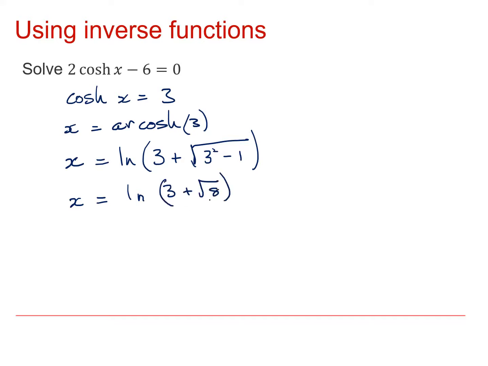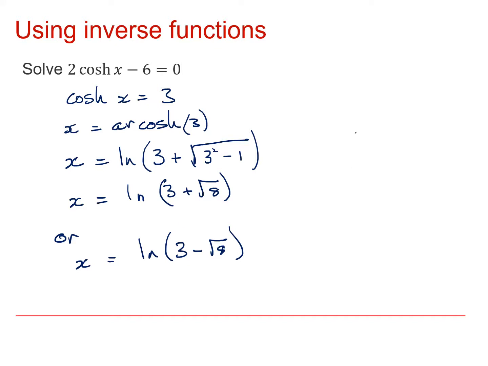But as we saw on our slide about arccosh x, there is another solution. So this comes through from the function, but there is another solution which is the minus of that, and actually that is also the log of 3 minus root 8. And there's a nice quick piece of work here to show that the log of 3 minus root 8 is equal to minus the log of 3 plus root 8.